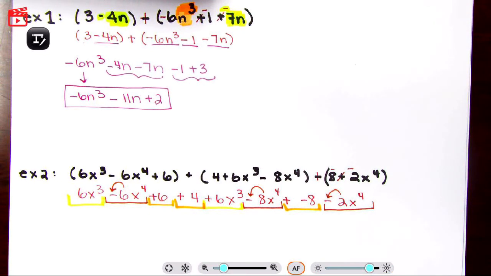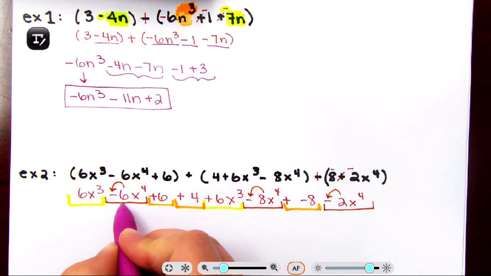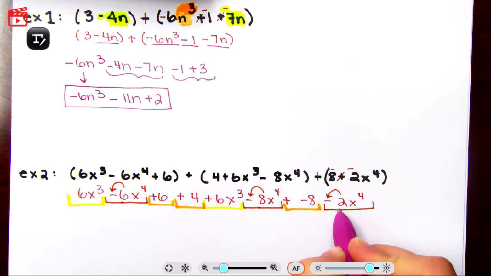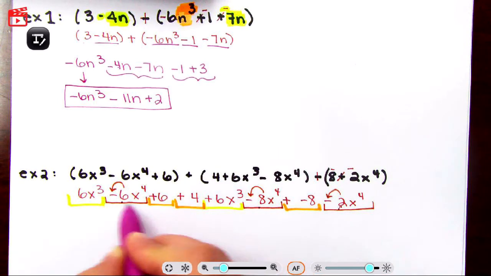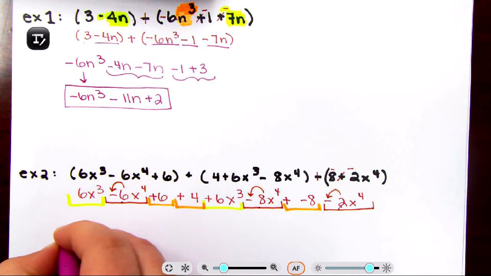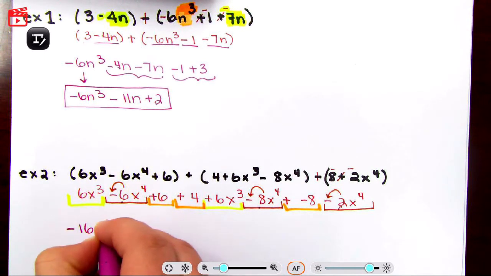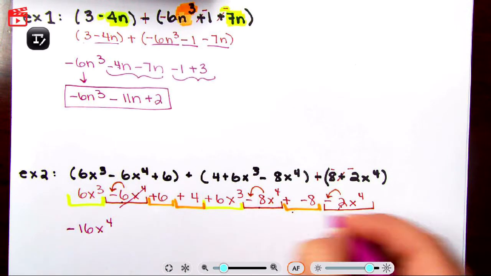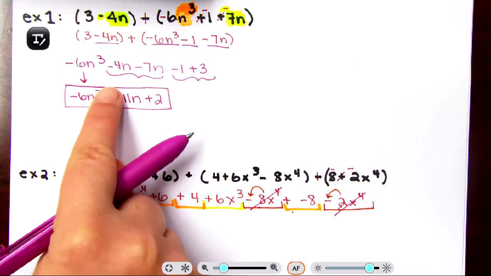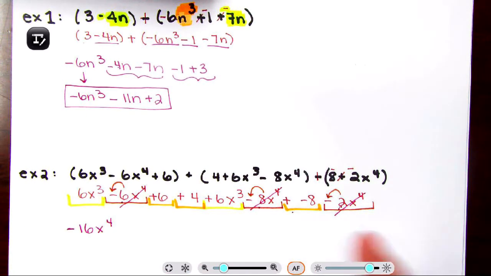Let's write this out. Let's combine them. So you can start combining things now. For example, negative 6x minus 8 minus 2. So 8, 9, 10. And then 6 more negatives. I have negative 16x to the 4th. And then you can start crossing them out this way, if you don't want to keep writing it over and over.